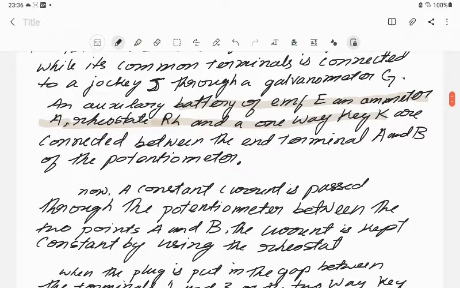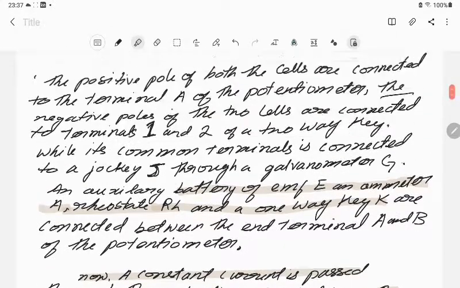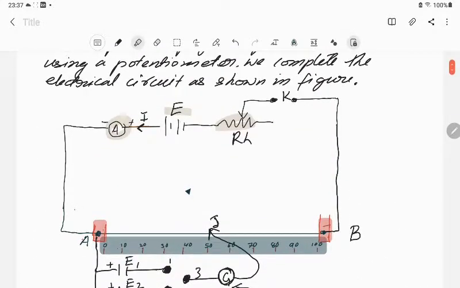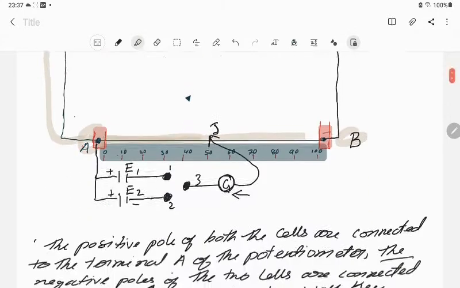Now a constant current is passed through the potentiometer between the two points A and B. Due to this battery, constant current is passed between point A and B. The current is coming from this side and it will go that side.